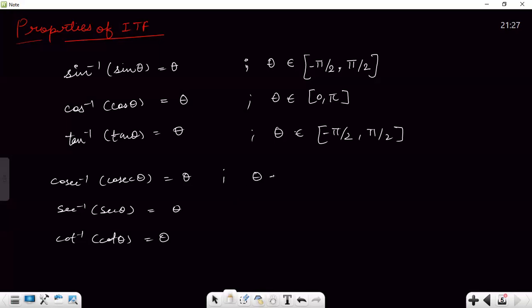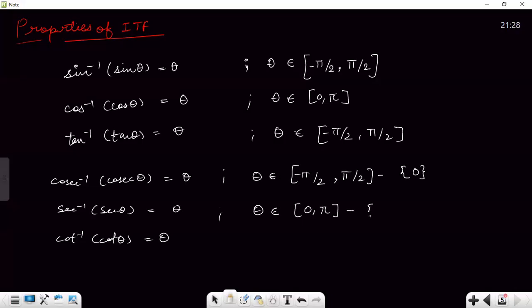Here, theta should be in its range, excluding 0, the midpoint of the range. You can remember it using this method.